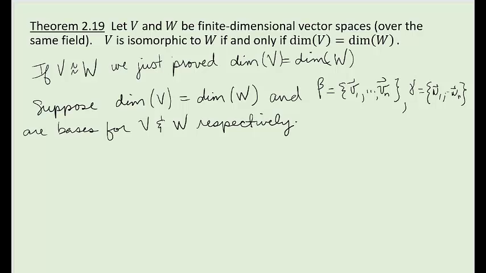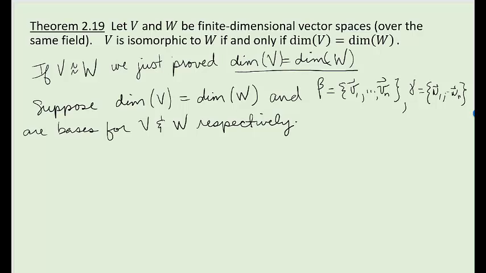Let V and W be finite dimensional vector spaces over the same field. V is isomorphic to W if and only if their dimensions are the same. We've already proved that if V and W are isomorphic, their dimensions must be equal.